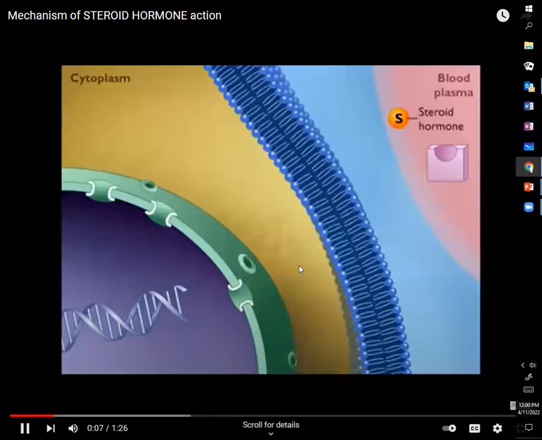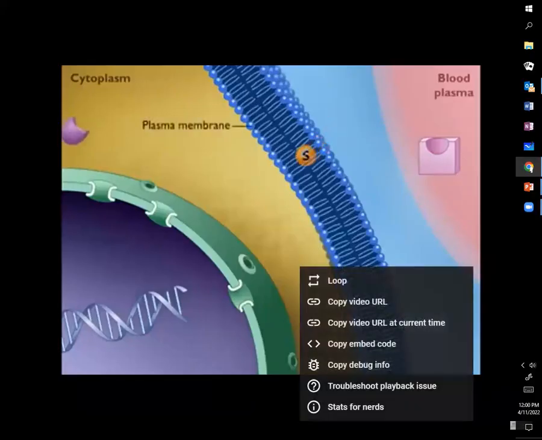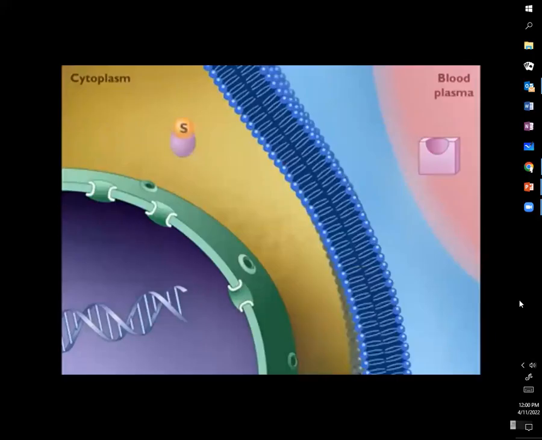Steroid hormones are not water soluble. They travel in the blood attached to protein carriers. When steroid hormones arrive at their target cells, they dissociate from their protein carriers and pass through the plasma membrane of the cell. Some steroid hormones bind to specific receptor proteins in the cytoplasm and then move as a hormone receptor complex into the nucleus. Other steroids travel directly into the nucleus before encountering their receptor proteins, not shown.